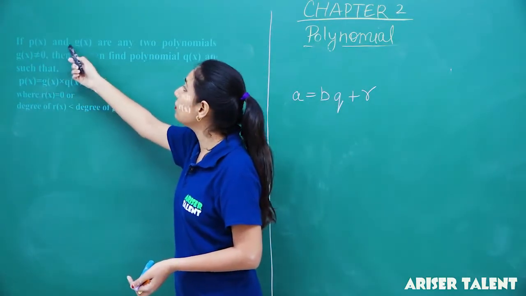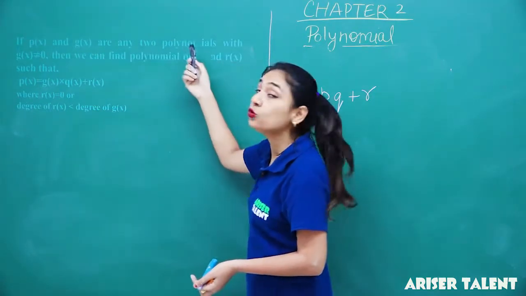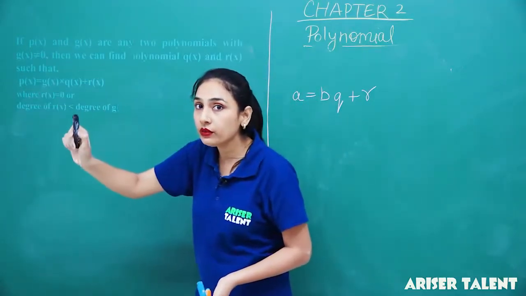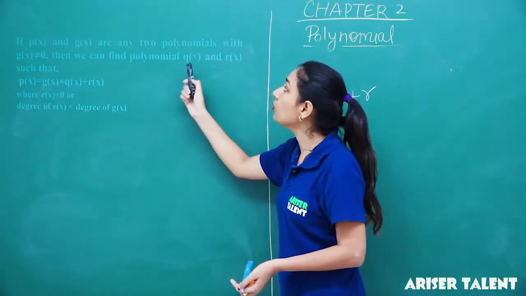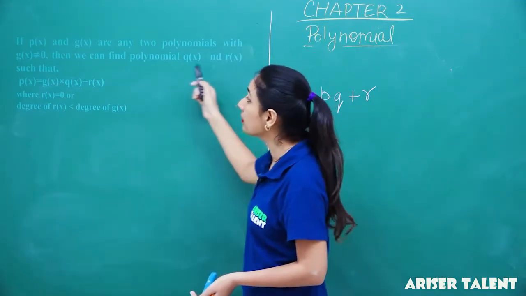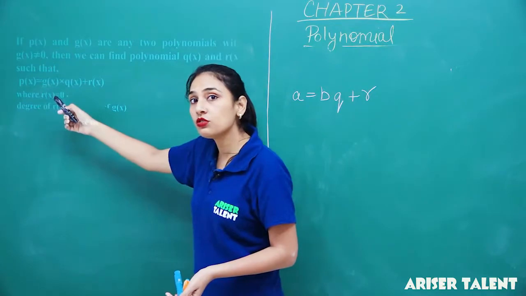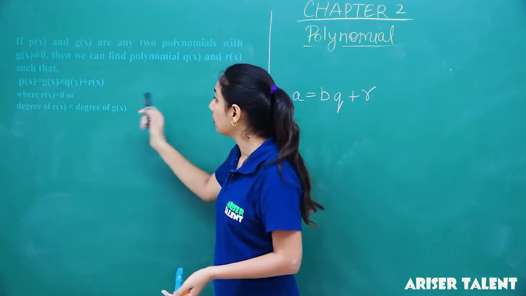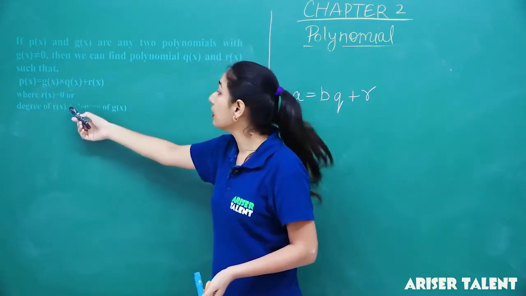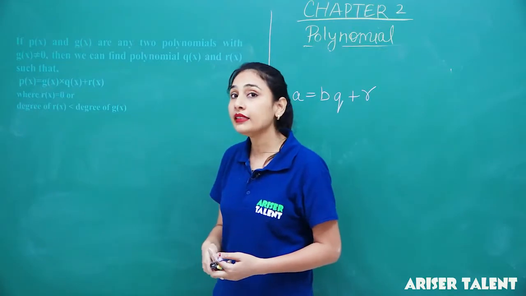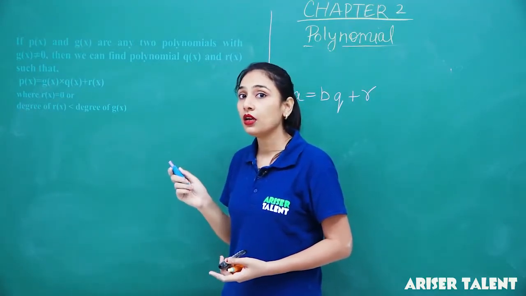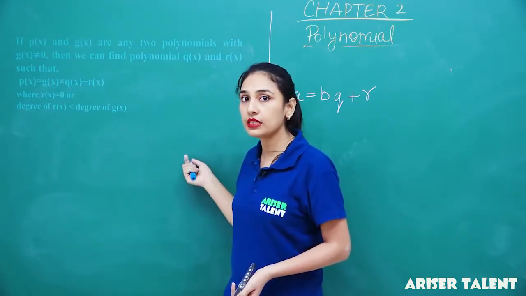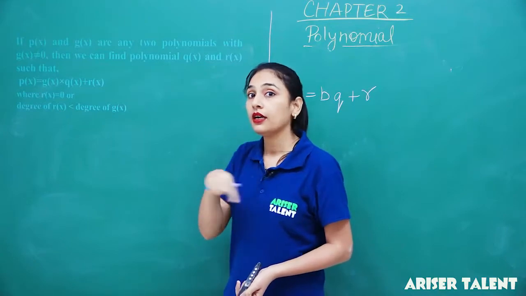If px and gx are any two polynomials with gx not equal to 0, then we can find polynomials qx and rx such that px equals gx multiplied by qx plus rx, where rx equals 0, in which case we have seen the first case in today's lecture where we got remainder 0.